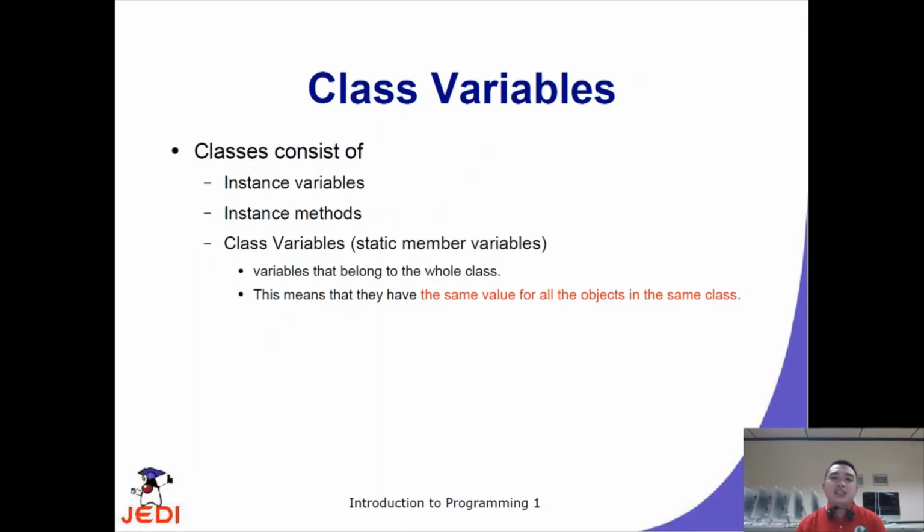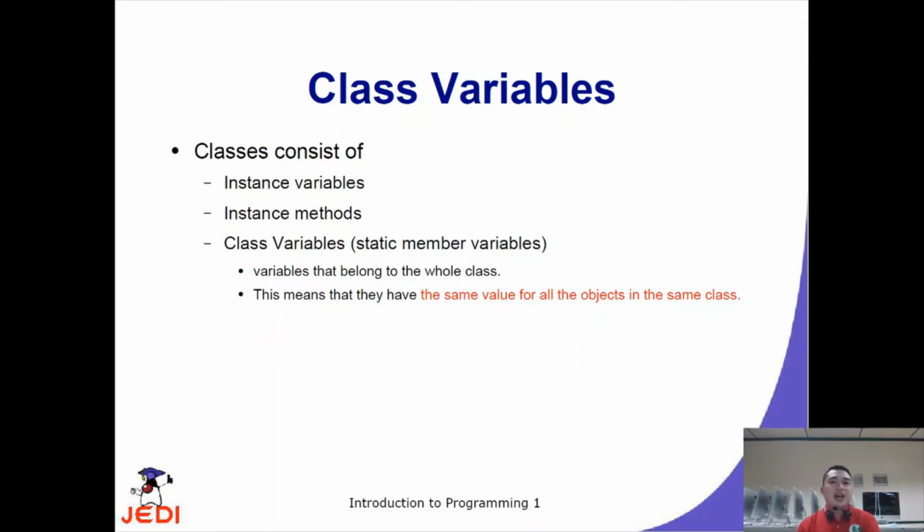Each class consists of variables and methods, and the variables are instance variables and class variables. Instance variables are those where each object has a different value for the fields assigned, for example the color or the manufacturer.